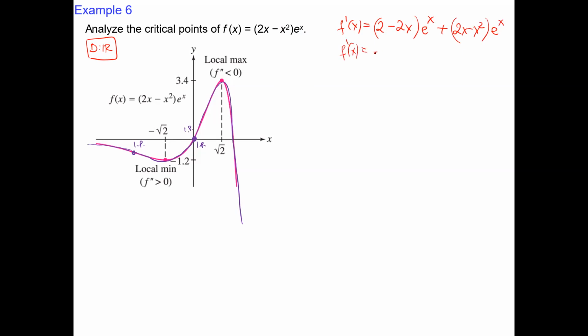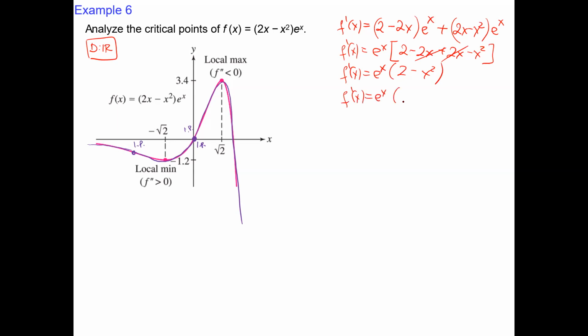Nice. Let's factor out e to the x and we will have 2 minus 2x plus 2x minus x squared, e to the x, and this is 2 minus x squared.